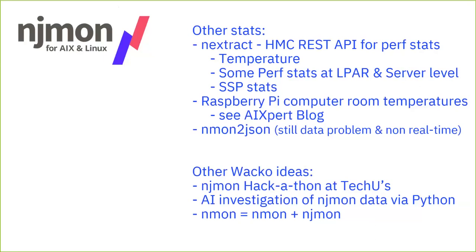So it's a rather different ballpark to some of the other AI tools, but I've got an AI expert working with me, and we're going to run a project on that shortly. NJMON is nice for that because a lot of the AI tools do their data investigation in Python, which we can now load up very fast, rather than having to deal with a comma-separated, slightly odd format from nmon.